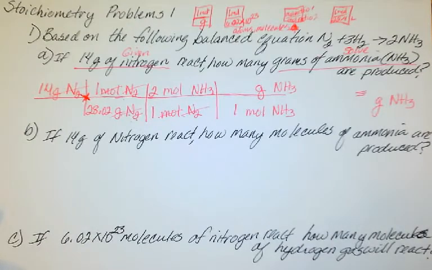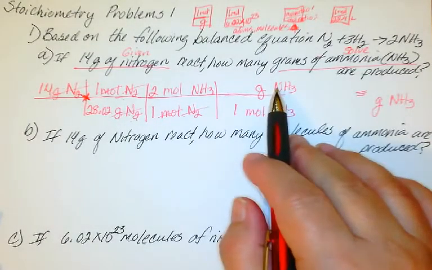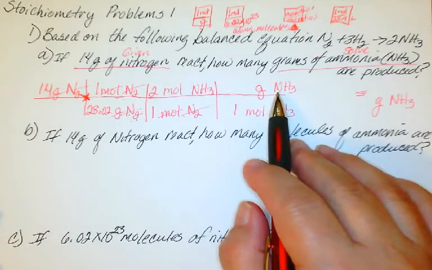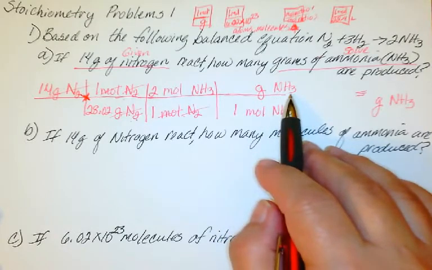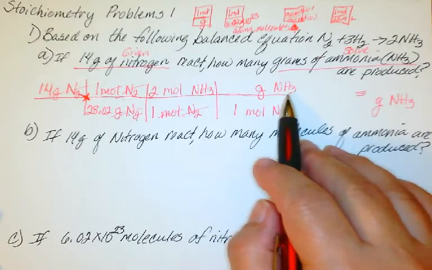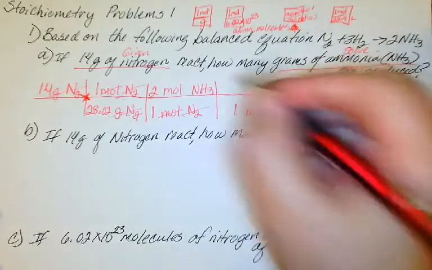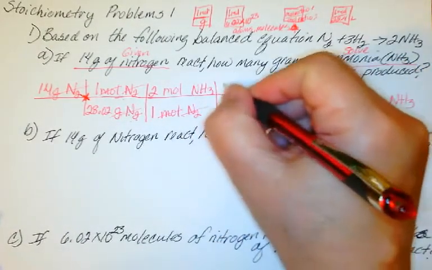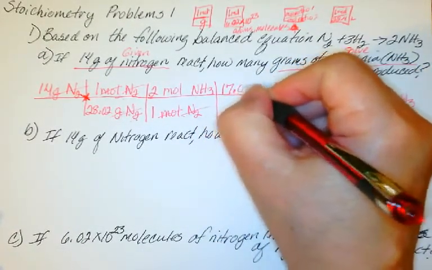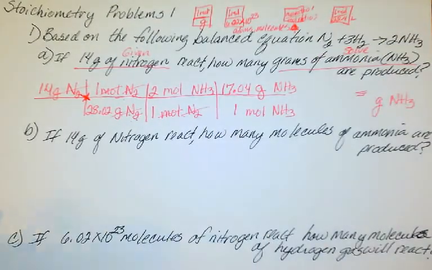Where do I get the grams? From the periodic table. Nitrogen is 14.01. Hydrogen is 1.01, but there's 3 of them, so 1.01 times 3 gives me 3.03. 14.01 plus 3.03 adds up to a total of 17.04 grams, or approximately 17.